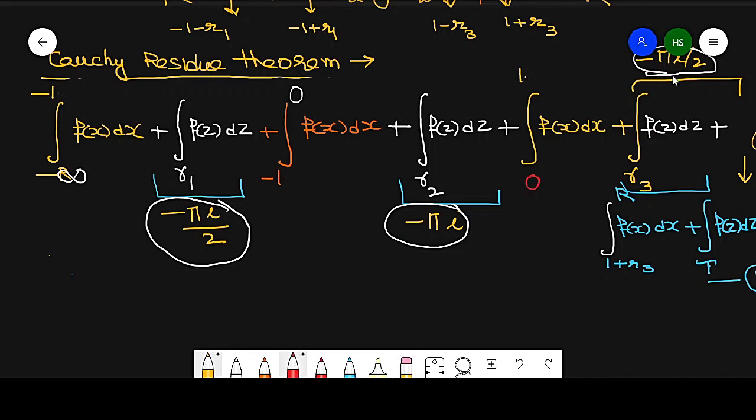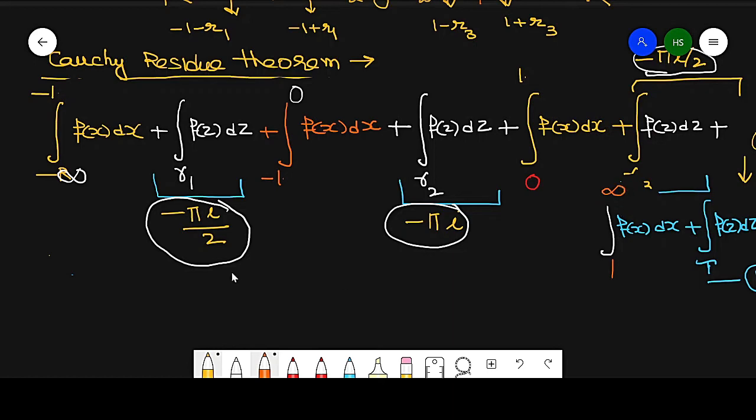So this term is minus pi iota and this value is 1 to infinity. So this term can be written as 1 to infinity.